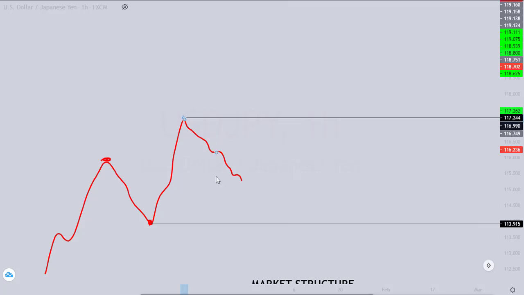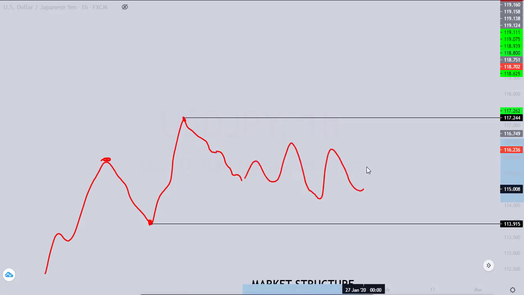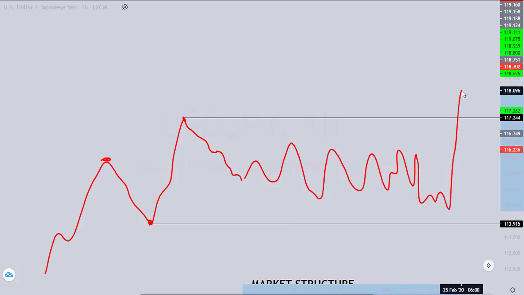Do you understand, guys? Whatever happens within your trading range is what we call a complex pullback. When the market keeps making a series of higher highs, higher lows, or lower highs, lower lows, or a mix of both of them, this is what we call a complex pullback until the market breaks the structure high.